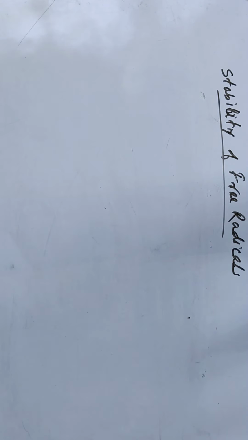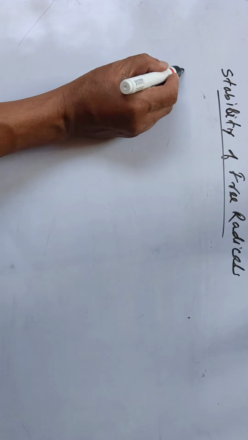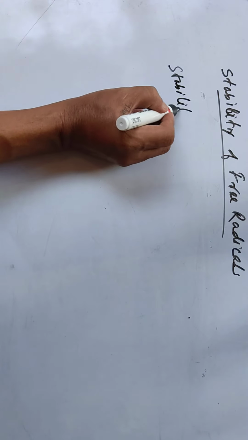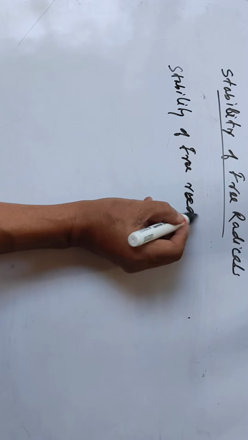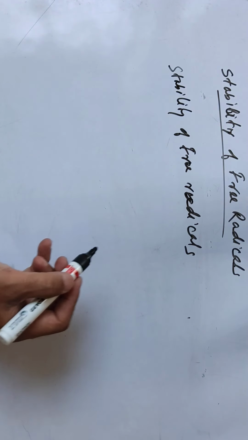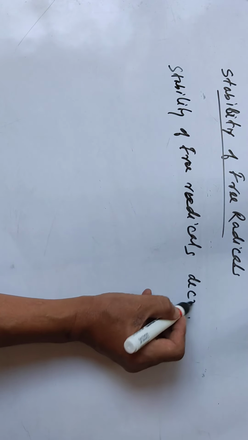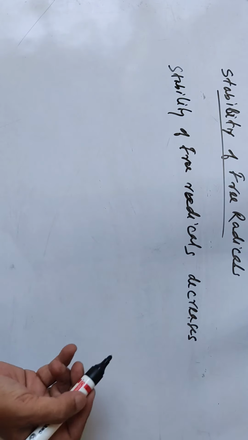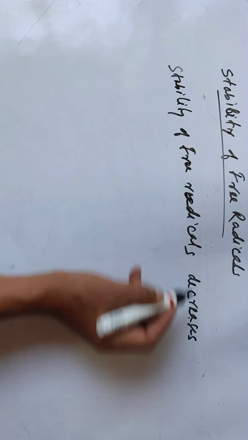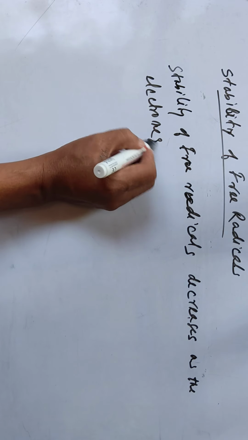So another factor is that across the periodic table, the stability of free radicals decreases as electronegativity increases.